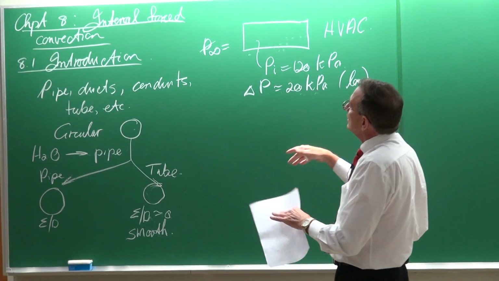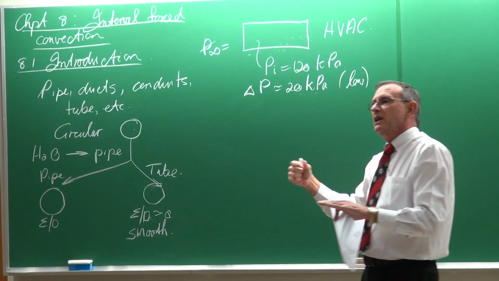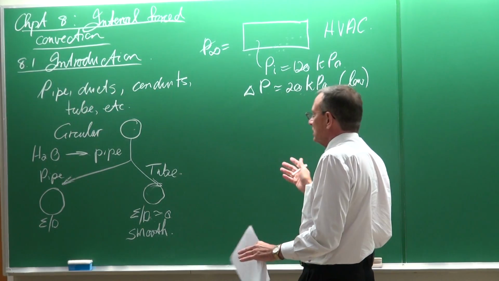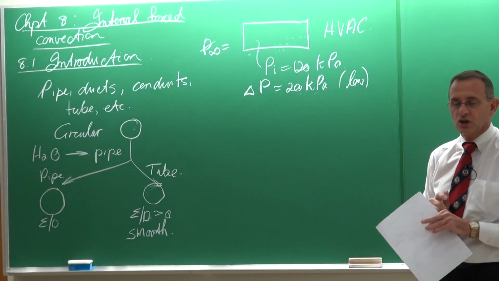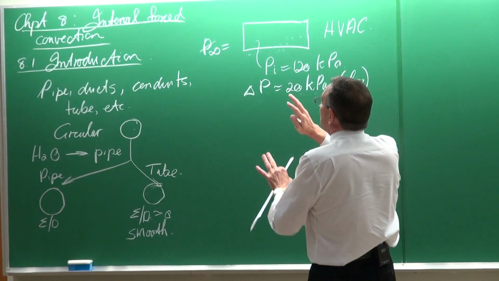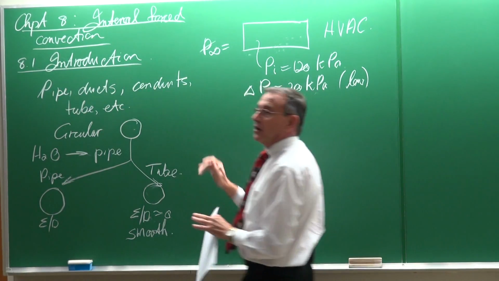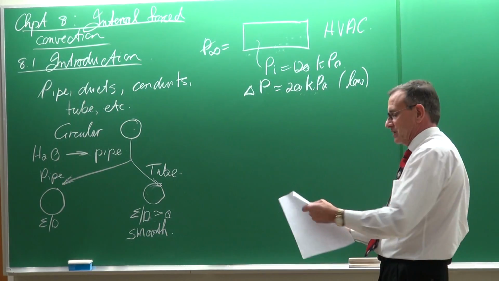But in general, when you're going to do this chapter, normally enough information will be given so that you can figure out the cross-sectional area for the specific geometry. Okay, so in terms of internal forced convection, what is now different from external forced convection?